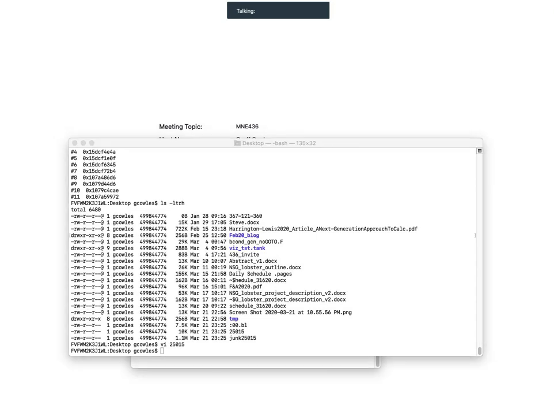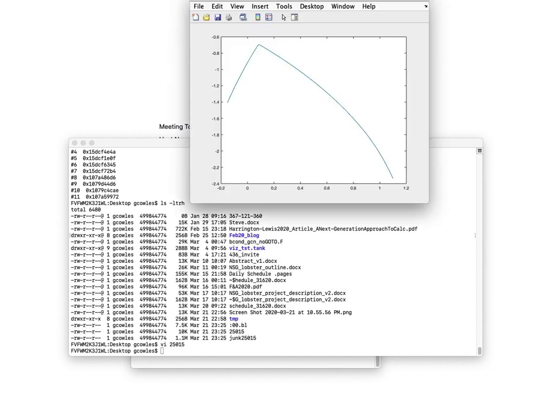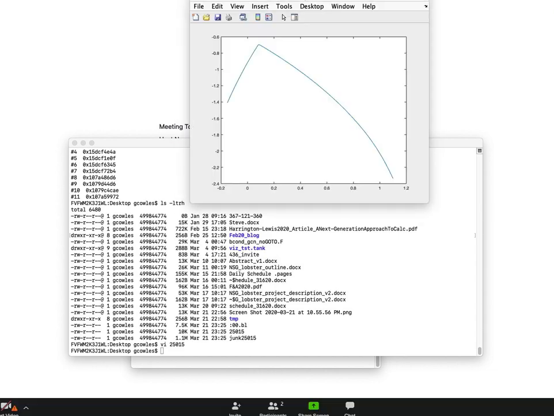So let's see if I can get this in. I'm going to read this into MATLAB. Okay. And I'm going to plot CL versus CP min.